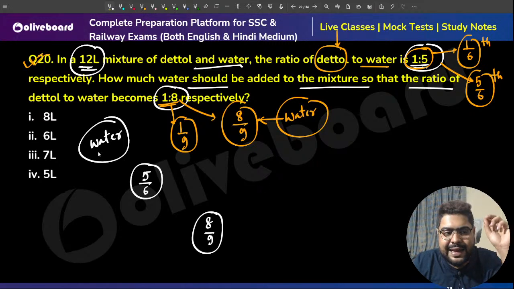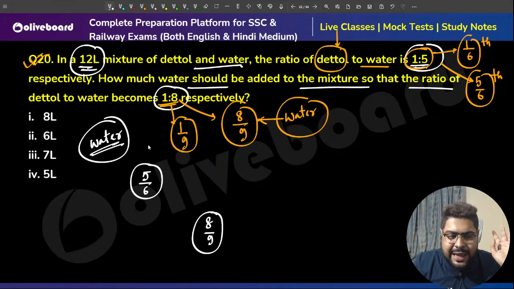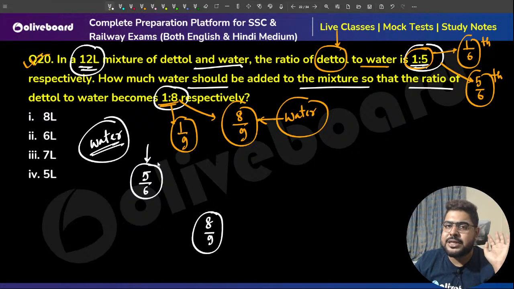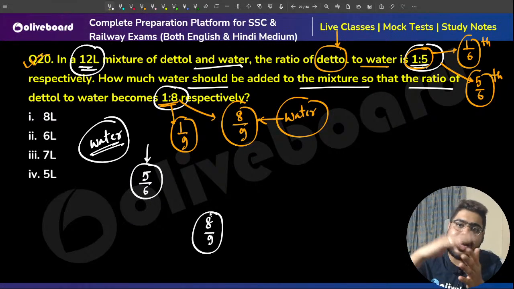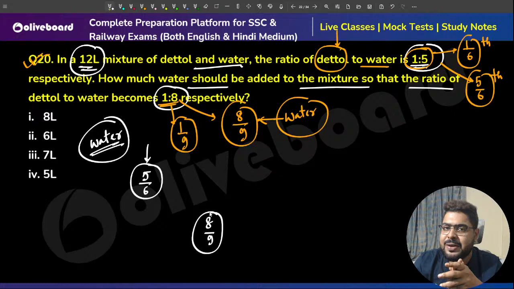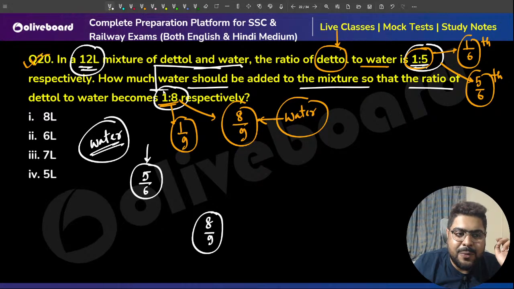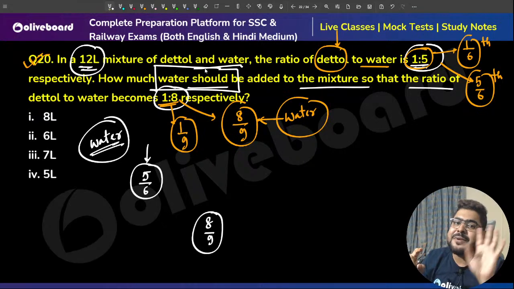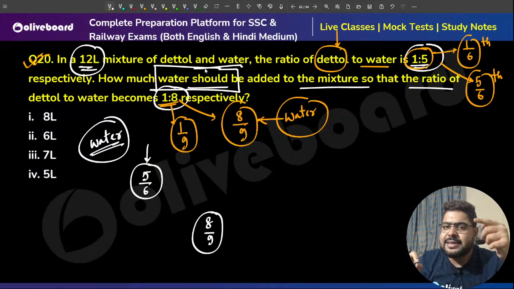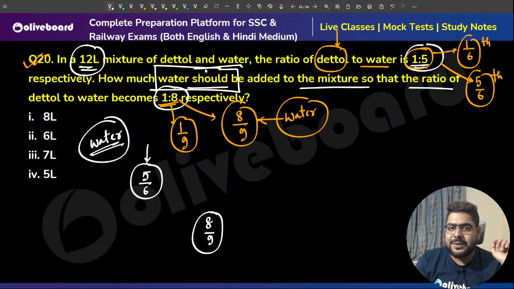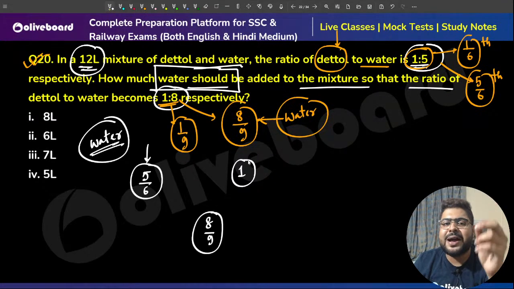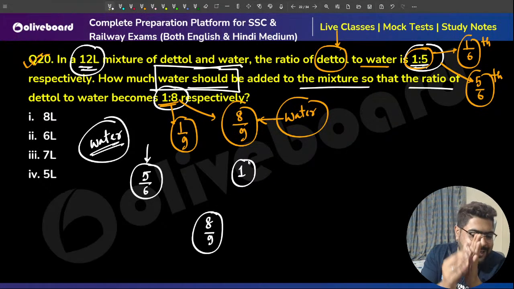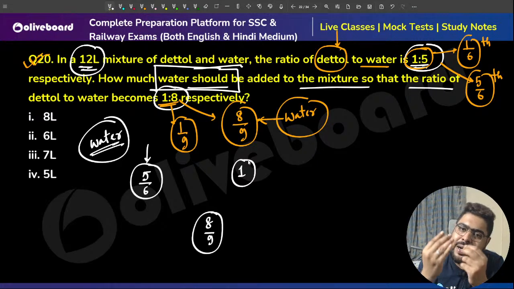So this was my solution already, and this is the resultant after all the addition has been done. What have we done? We have added only water. Think of it like this: that is also another solution where the whole thing, the whole 100%, one whole part, is water only.